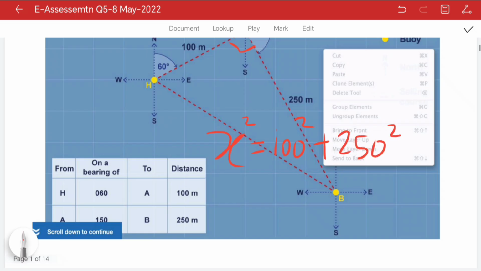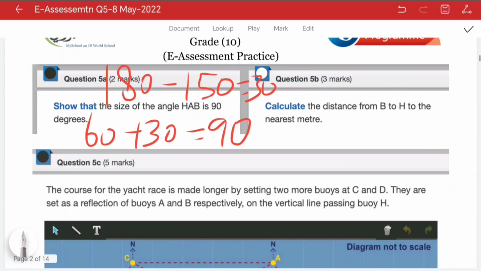To cancel the square, we take the square root. So x equals, just substitute in the calculator, 269.258, or if you want to round off to a whole number, it is equal to 269. I hope you understand.